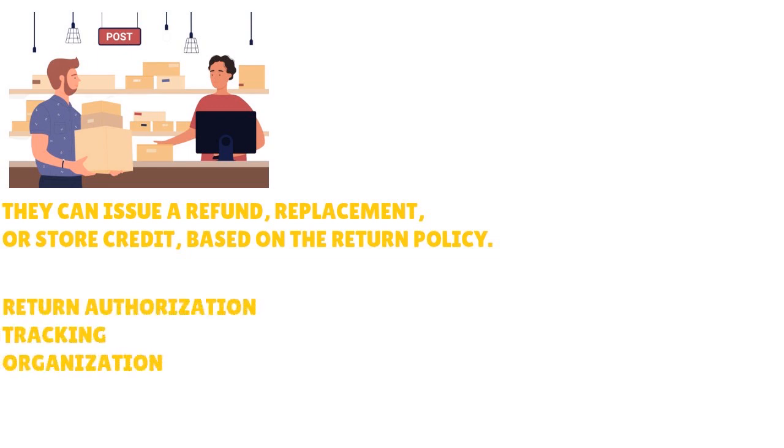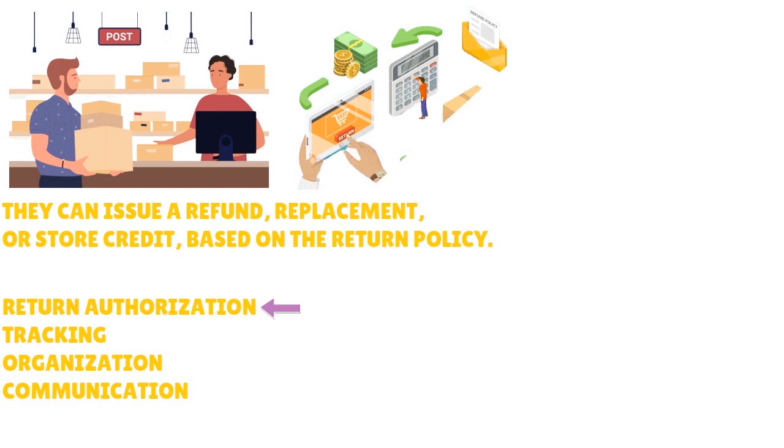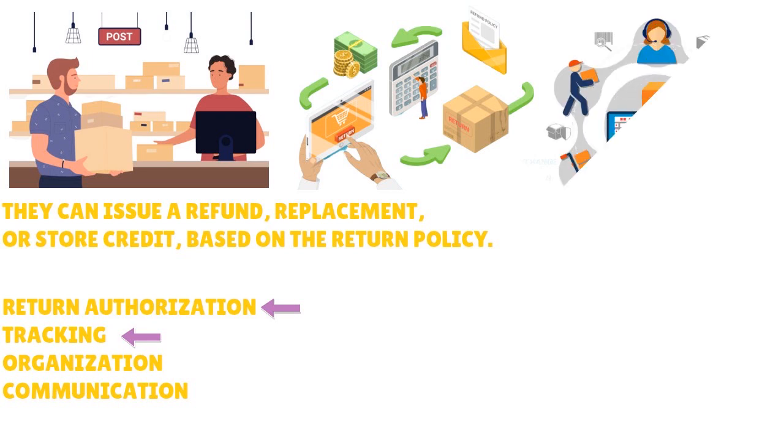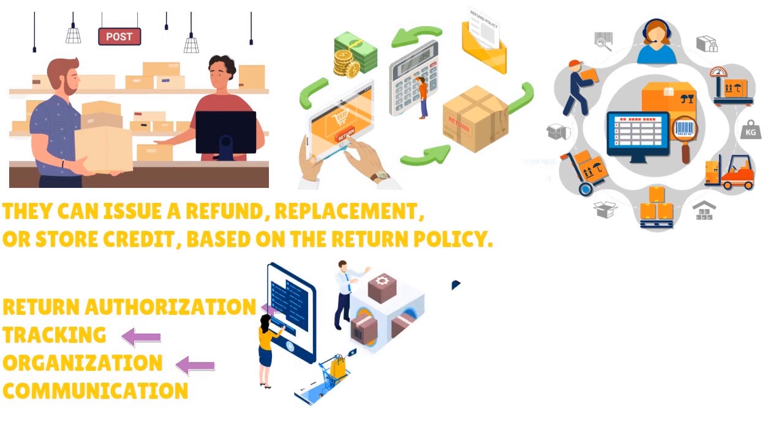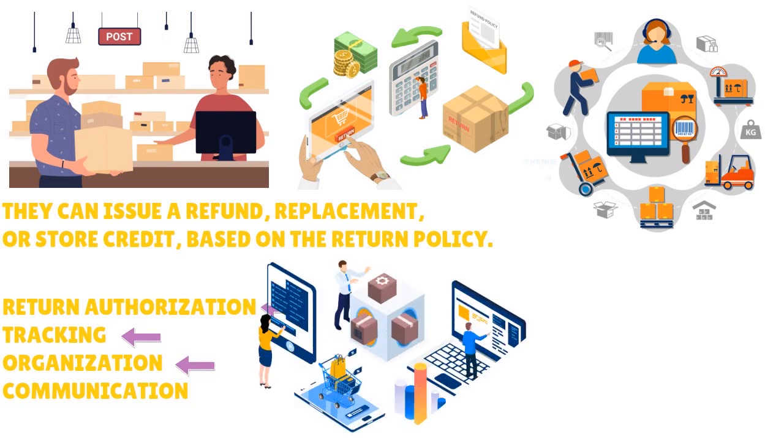But long story short, an RMA does a lot of things. An RMA serves several important functions. First of all, return authorization. It formally allows a customer to return a product. You also have tracking. It enables both the customer and seller to track the return throughout the process. You also have organization. It helps the seller manage and organize returns within their inventory and quality control systems. And finally, you have communication.